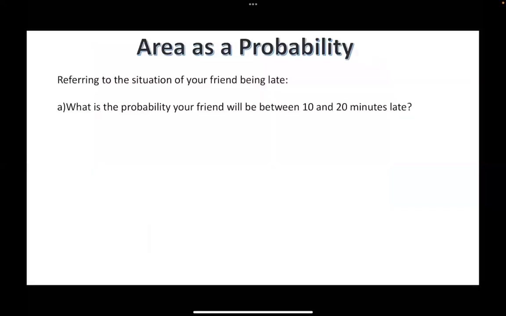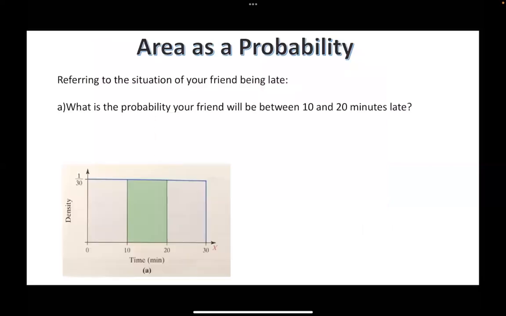Okay, so we want to know the probability of our friend being between 10 and 20 minutes late. So we want to know the probability of landing in here. Because this is a nice rectangle, I can just find the area under that and I will get that probability.